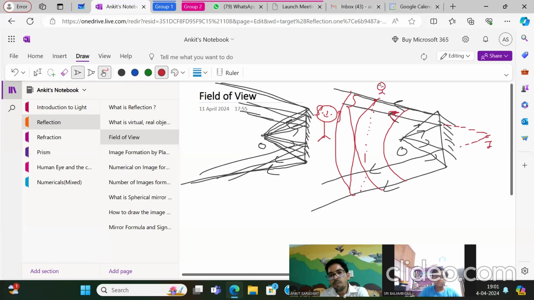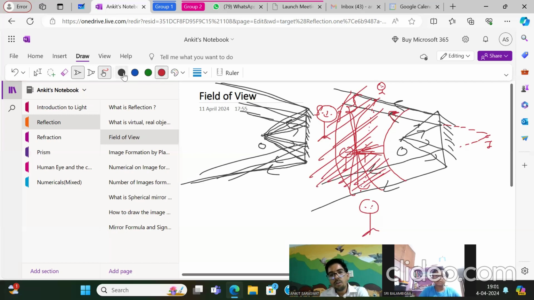Why? Because you are outside the field of view. If you are standing here, you can't see any image. But if you are standing here, you can see the image because reflected rays are entered in your eyes. So the region in which all the reflected rays are present is known as field of view. Is it clear?